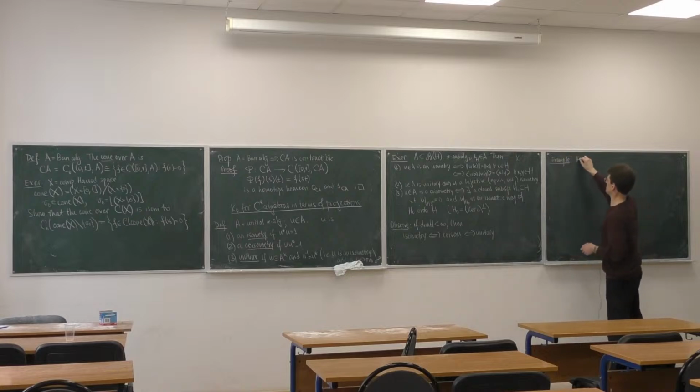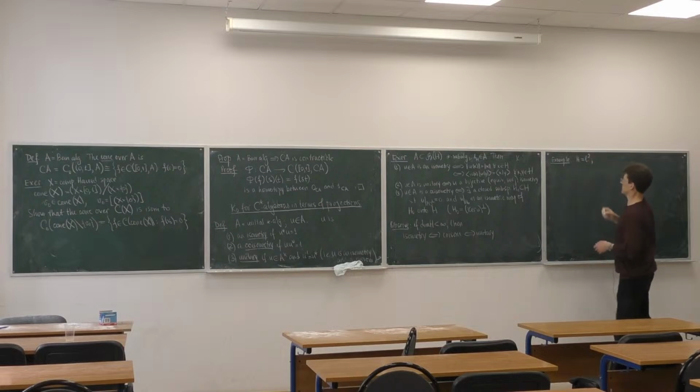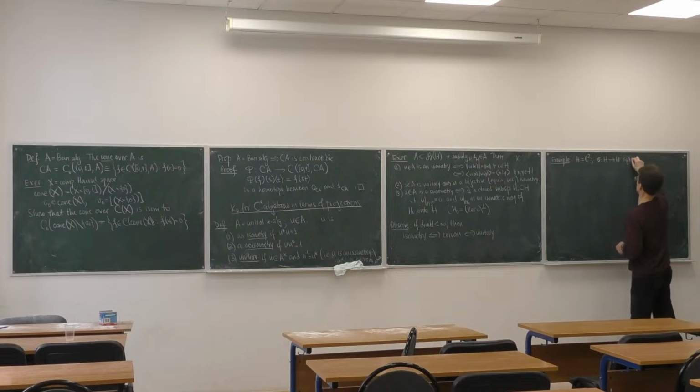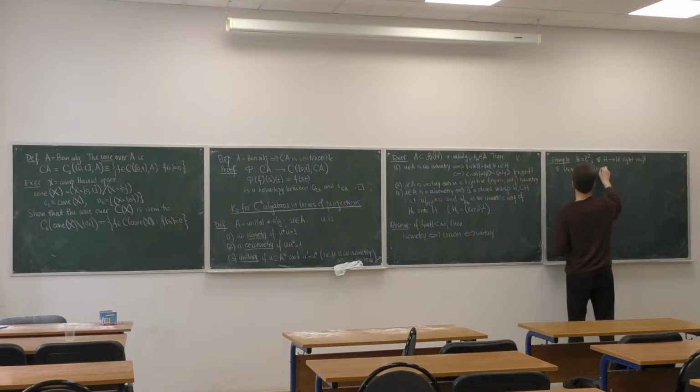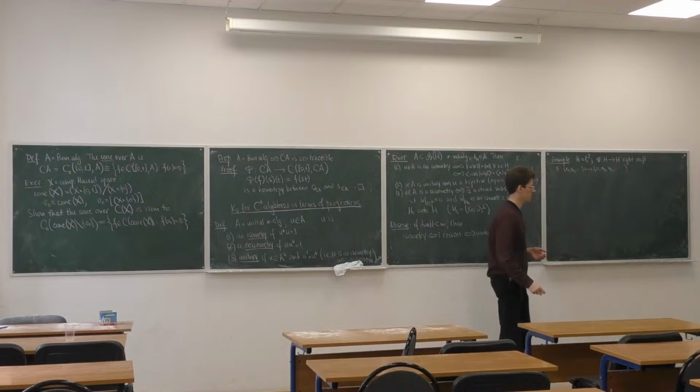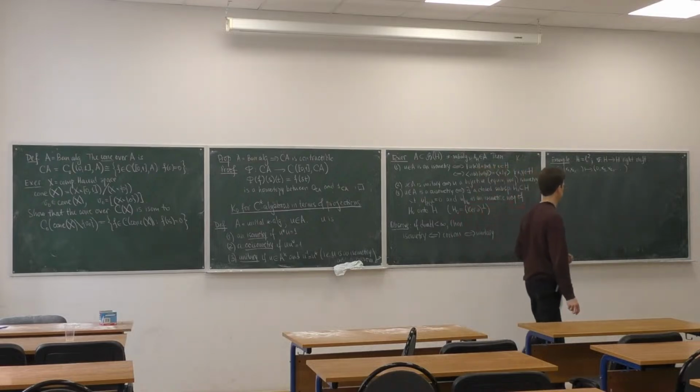Let H be the little l2 space of square summable sequences, and let V denote the right shift operator on H, which takes every square summable sequence x1, x2, and so on to the following sequence. So it shifts by one position to the right and adds 0 in the first coordinate.